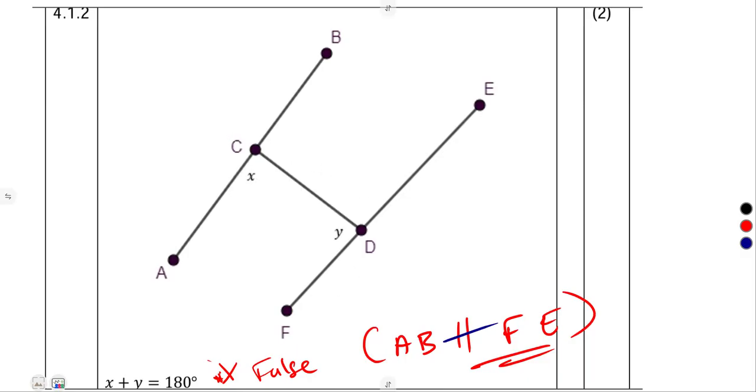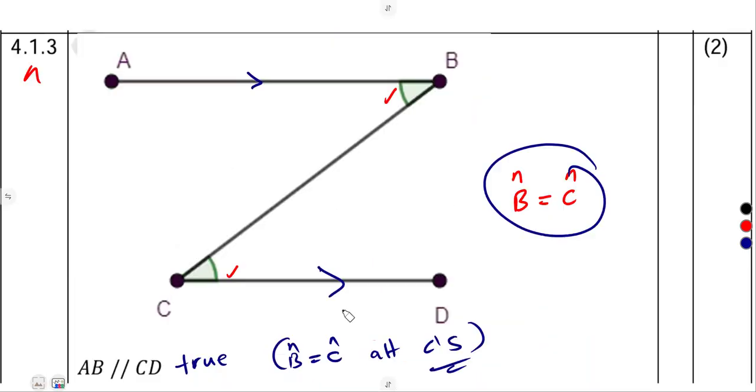If they gave us that x plus y is equal to 180, then asked you whether the lines AB and FE are parallel, you were going to say they are parallel. But what is happening on this question is that they gave you these two angles that are equal.